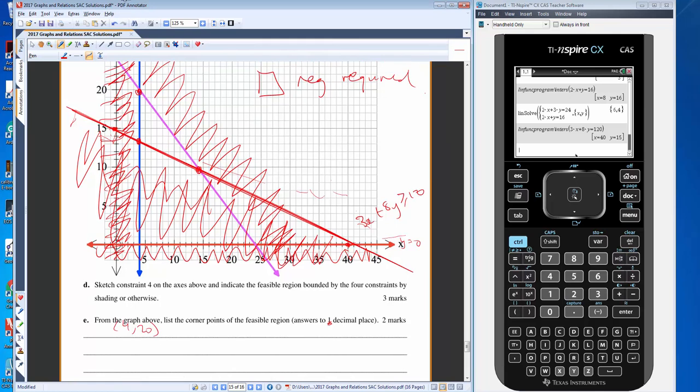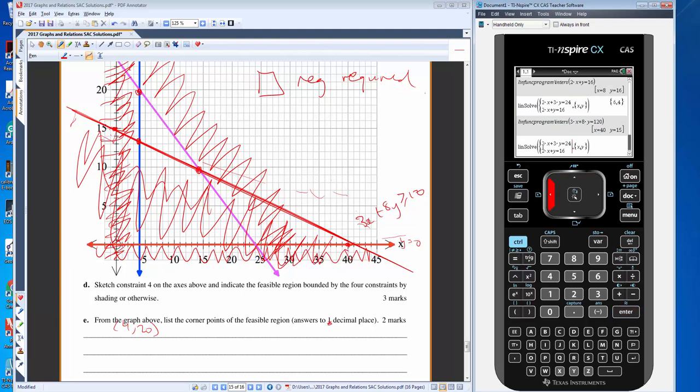So let's use linsolve. And we're checking the intersection of x equals 4 and, what is it, 3x plus 8y equals 120, and 1 dp for 13.5.